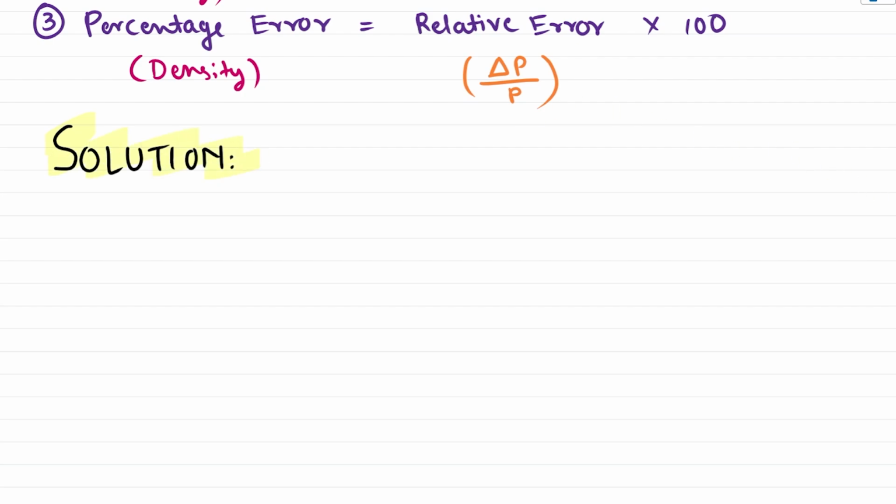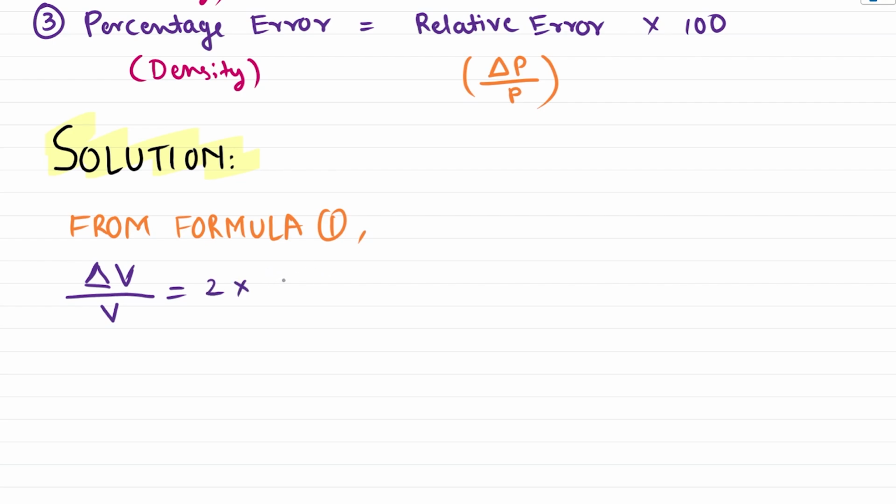Okay, so the first step we will do in the solution is to calculate the relative error in the volume. As per the formula, relative error in volume is defined as delta V upon V, whose value is given to us as 2 into the relative error in r, which is delta r, that is 0.001, divided by the mean value, that is r, which is 0.0250.